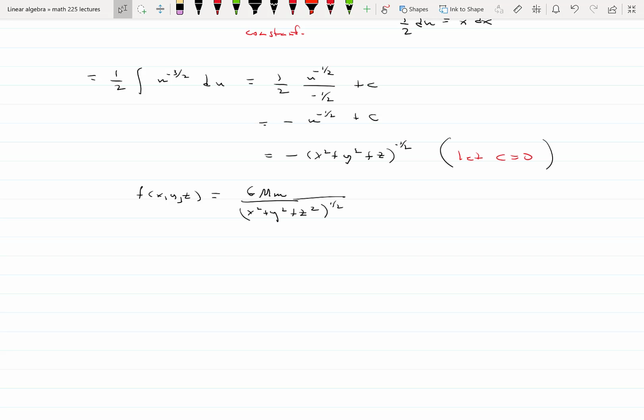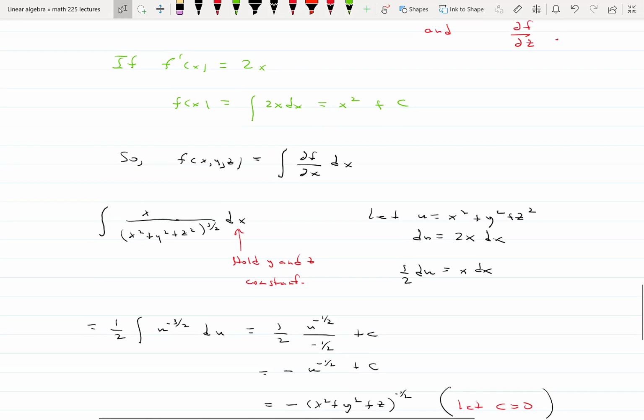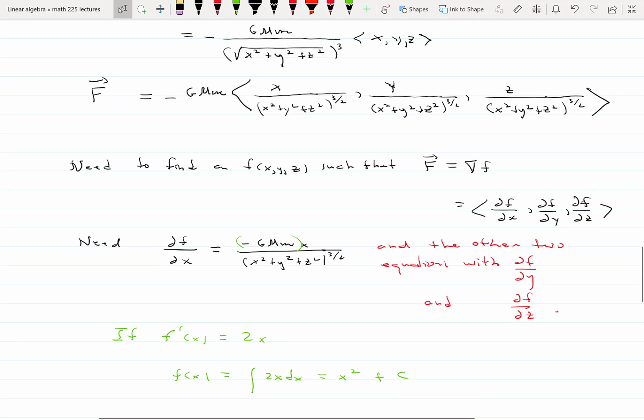But if you look at the other two components, the partial with respect to y and z, and I'll underline them in red, their structures are identical. So if you were to integrate the middle component, the y component, with respect to y, we would get the same function, capital F. And if you did the same thing with the third component, integrating with respect to z, we would construct the exact same potential function.